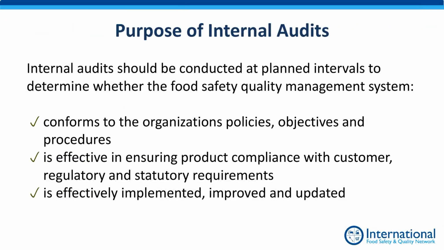So internal audits should be conducted at planned intervals to determine whether the food safety quality management system conforms to the organization's policies, objectives and procedures, is effective in ensuring product compliance with customer, regulatory and statutory requirements, and obviously any relevant food safety requirements, and is effectively implemented, improved, or updated.